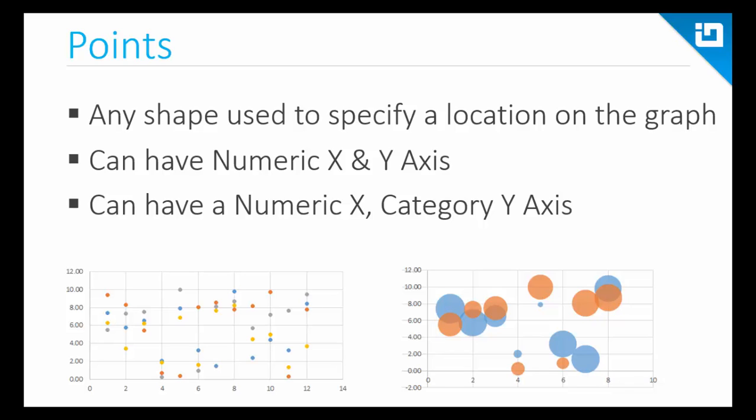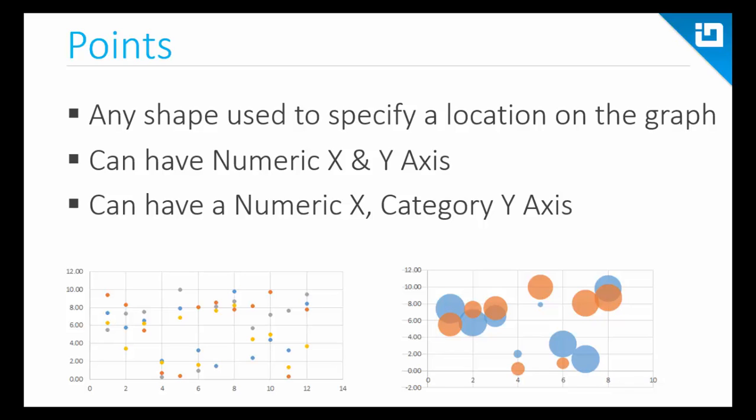When we think about the types of point charts that we would use, a couple come to mind. Here we have a scatter plot, and on the right-hand side we have a typical bubble chart. Usually when we're trying to display some sort of quantitative data, we are using points connected by lines.